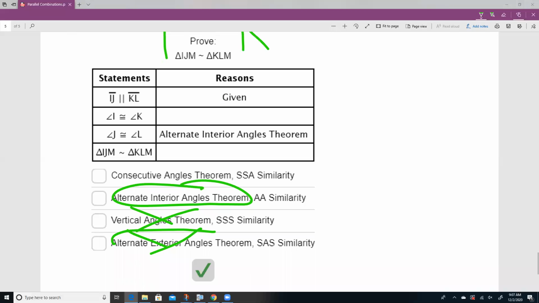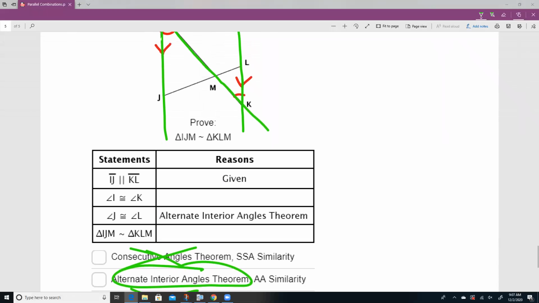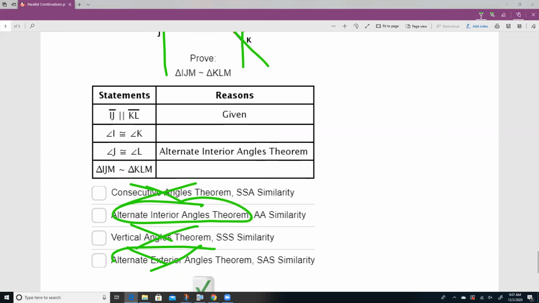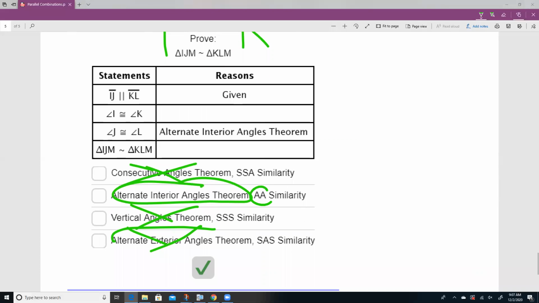And they're not vertical angles. They're not consecutive angles. So I know that this is my answer. And then it says J and L are congruent also by alternate interior angles theorem. So I've got two angles marked congruent. So I should also have angle-angle similarity.